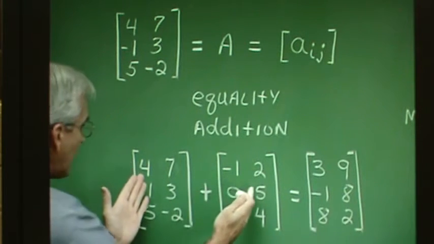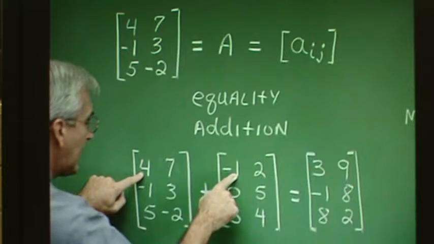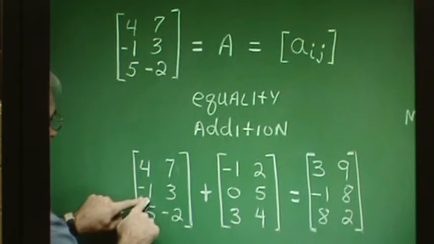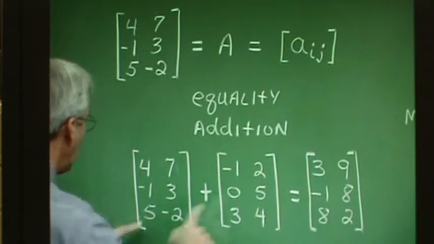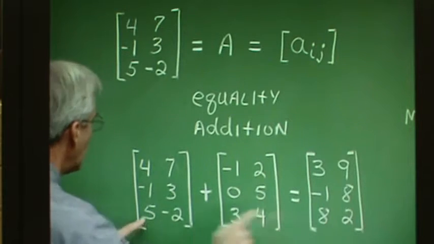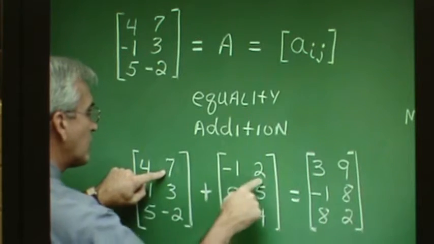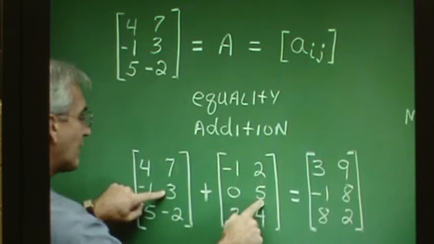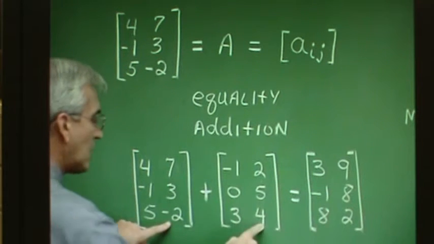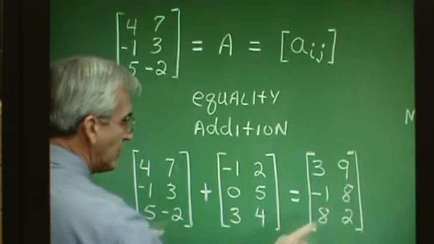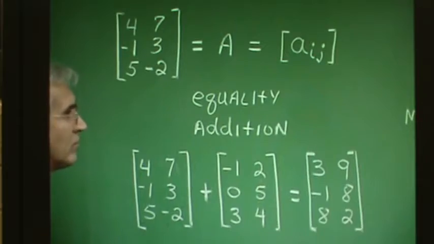To add these two matrices, we're saying 4 plus -1, that's 3. And then -1 plus 0 is -1. 5 plus 3, 8. And then up here, 7 plus 2, 9, and 3 plus 5, 8, -2 plus 4, 2. Okay, so that's the idea.